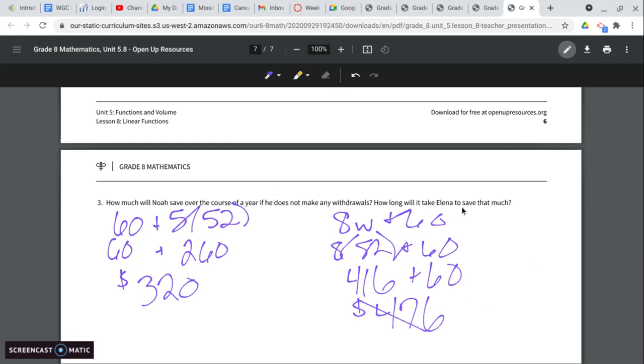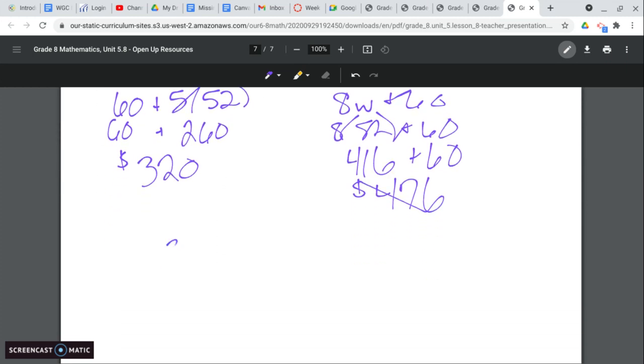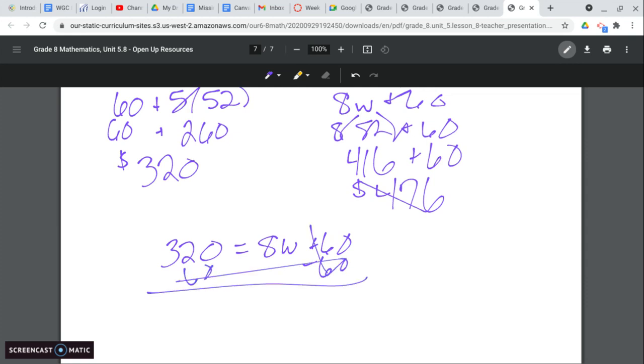And for Elena to save the 320, well, we take 320 and set it equal to 8w plus 60, and then we can solve. So subtract the 60. So 320 minus 60 is going to give us 260 equals 8w.